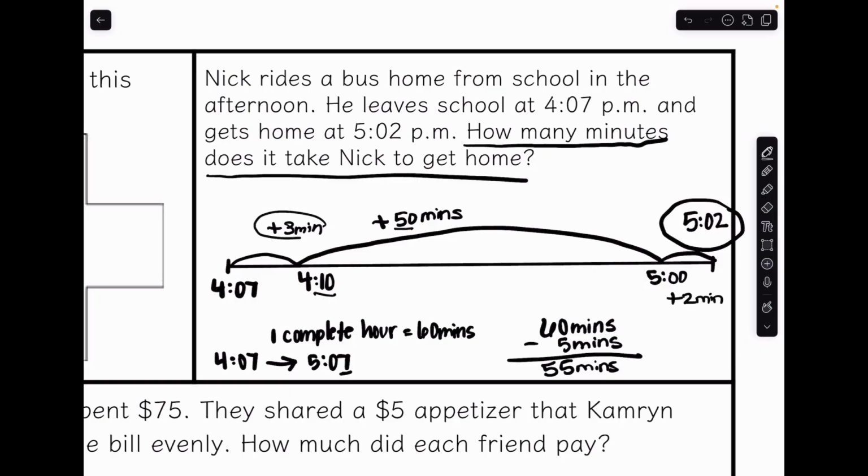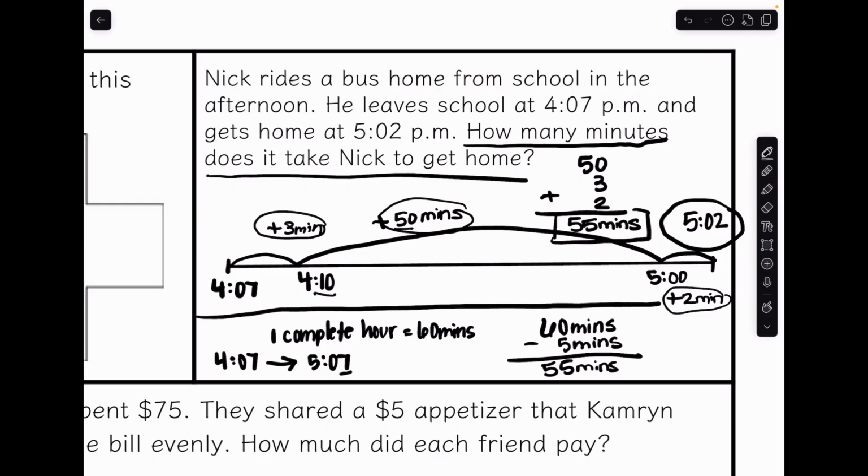And then we can add all of these time intervals up, which would be 50 minutes plus 3 minutes plus 2 minutes, 55 minutes. And so it took Nick 55 minutes to get home. And those are just two different ways that we can solve it. A number line or mental math.